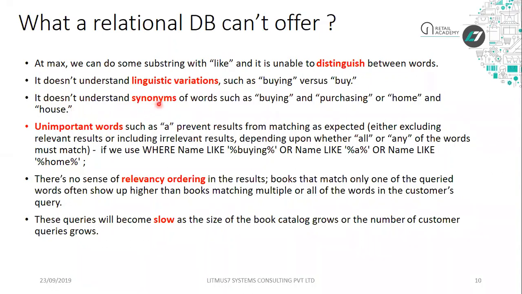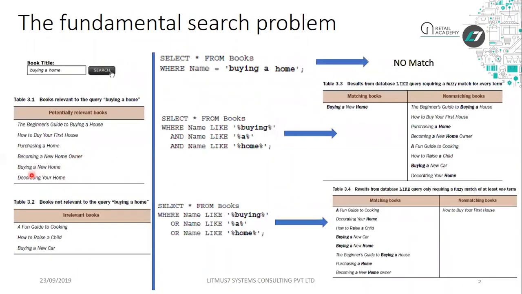And it doesn't understand synonyms, like purchasing. See, here we have a book with the title Purchasing a Home, and it's not possible. It came over here since a match happened with the OR condition, and it's a wrong query altogether anyway.